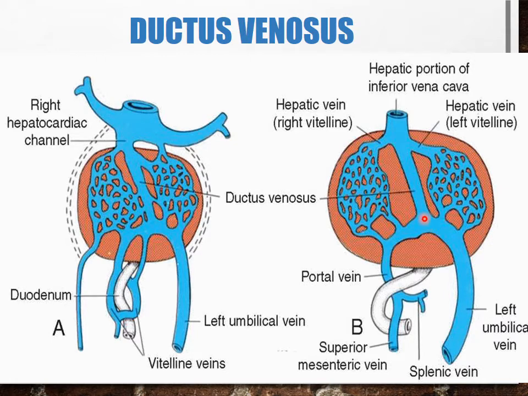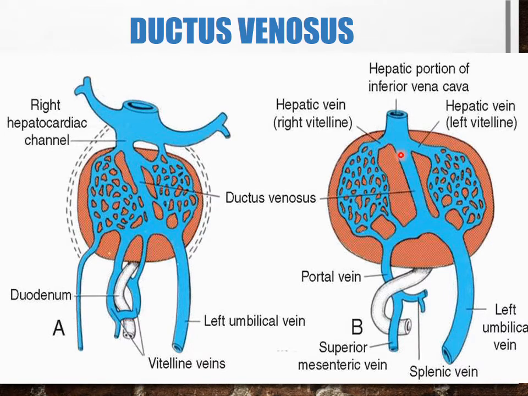So with the increase of placental circulation, a direct communication is established between the left umbilical vein and the hepatocardiac channel. This direct communication, developed embryologically between the left umbilical vein and the right hepatocardiac channel, is the ductus venosus. This vessel is very important in fetal life.